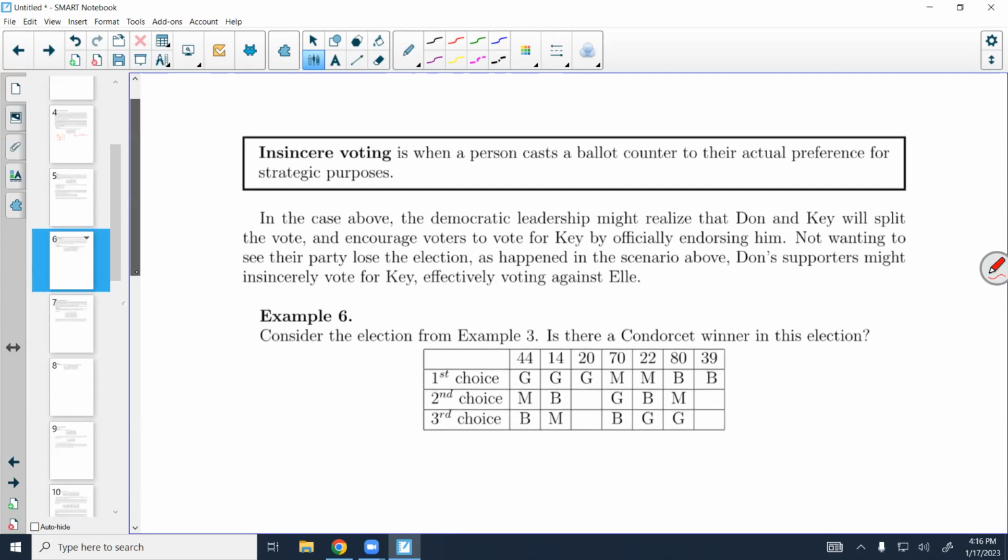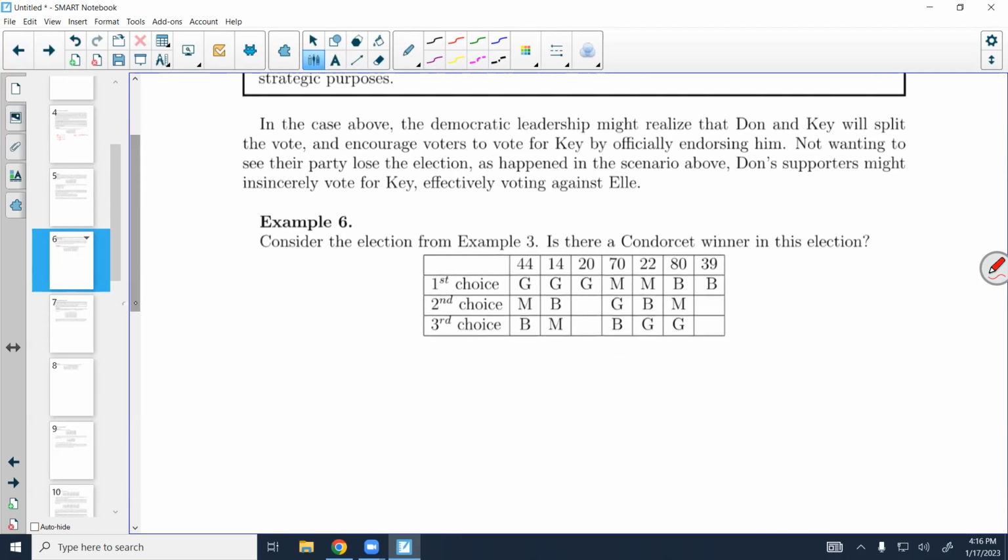So consider our election from example 3, and is there a Condorcet winner? So what do I need? I need G versus M, G versus B, and M versus B. So looking at G versus M, G is preferred here, here, and here, and nowhere else.